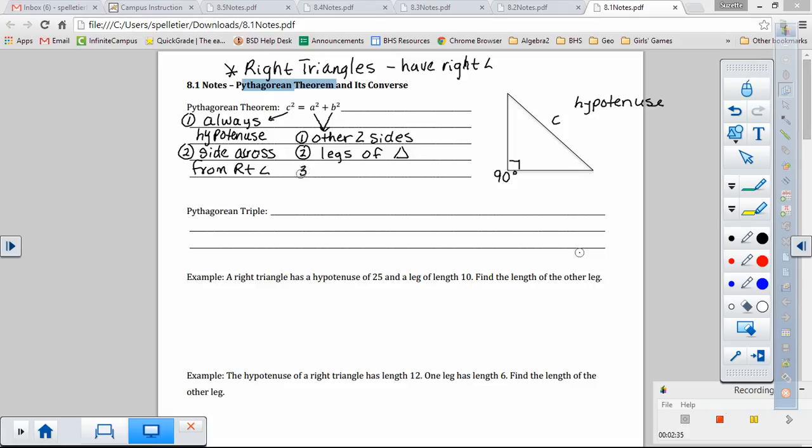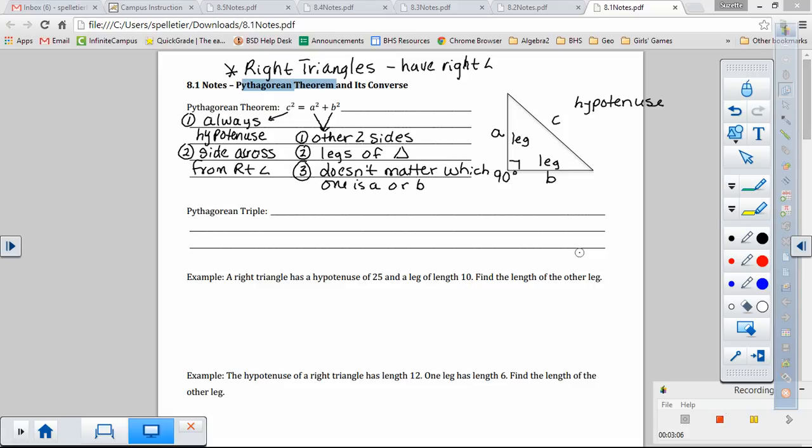And it doesn't really matter which one's a or which one's b. What matters is that those sides are considered the legs of the triangle. So we're going to label those. So this is a, and this is b. And again, these are the two legs of the triangle.